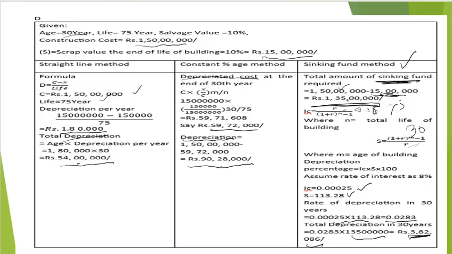This method is basically used when CBDT has allowed its use when you are calculating capital gains tax. By this, the depreciation will be the lowest, and that will give you the highest depreciated replacement value of the building.